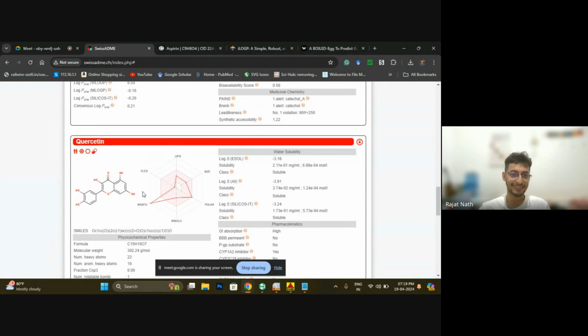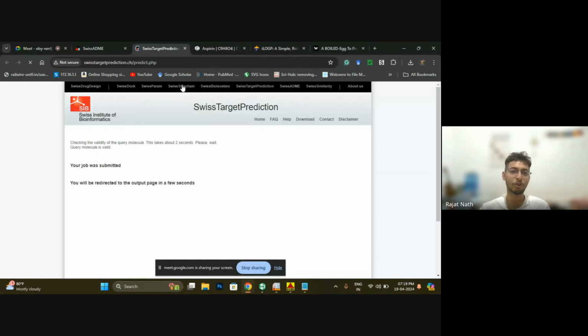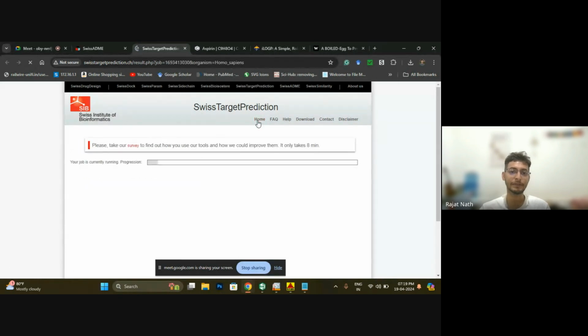So by this structure, this is quercetin. If you want to get the target prediction from this window, the second icon has a symbol of target. Just click on this target and it will automatically go to Swiss Target Prediction and give you the result of target fishing.